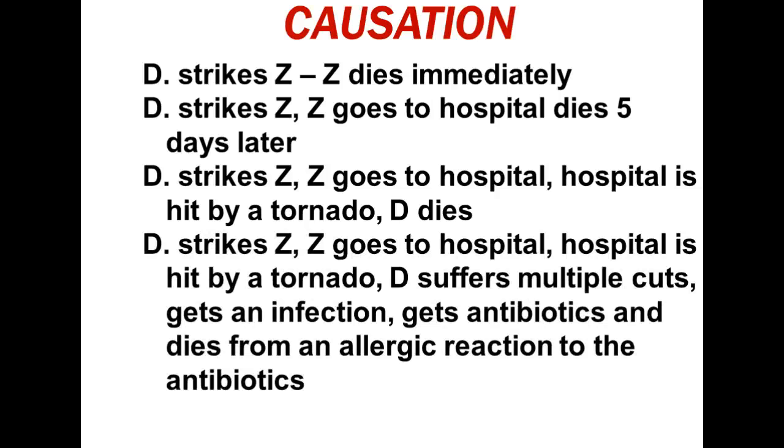Finally, D strikes Z, Z goes to the hospital, is hit by a tornado, suffers multiple cuts, gets an infection, gets antibiotics, and dies from an allergic reaction to the antibiotics. Well, obviously here we are adding a number of other intervening events between the time D struck Z and Z's eventual death. So let's take a look at how the law starts to sort this all out and figure out what to do here.